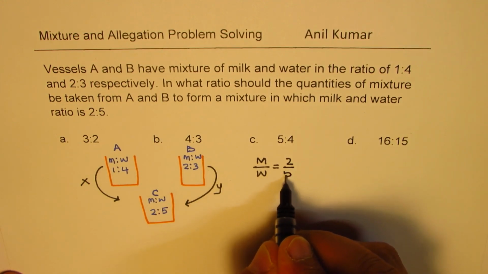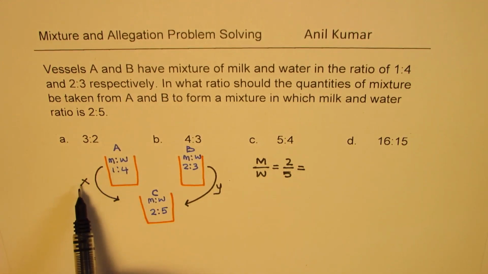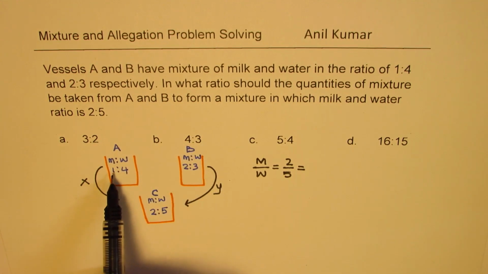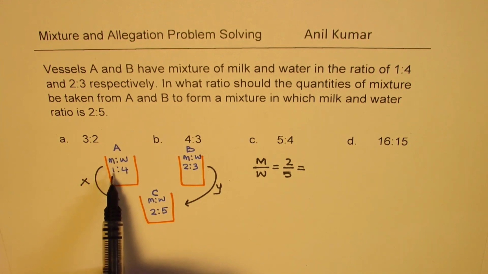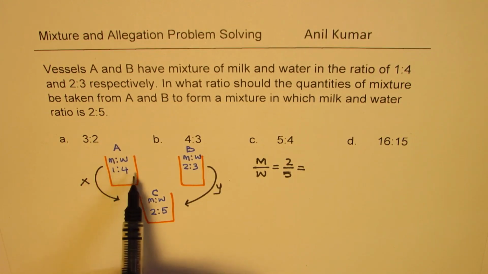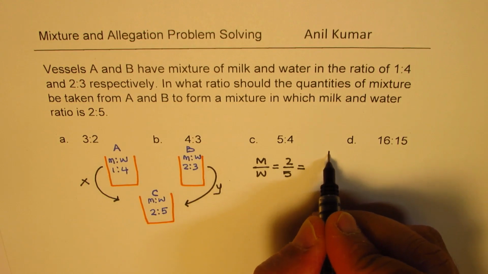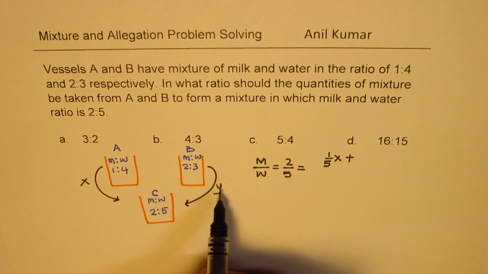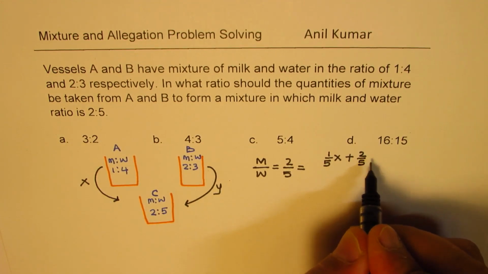Now, as far as milk is concerned, if we take x liters of A and y liters of B, then the milk will be how much? The ratio is 1:4, so the total is 5, and the milk will be 1/5 of x plus, from B, milk is 2/5, so 2/5 of y.